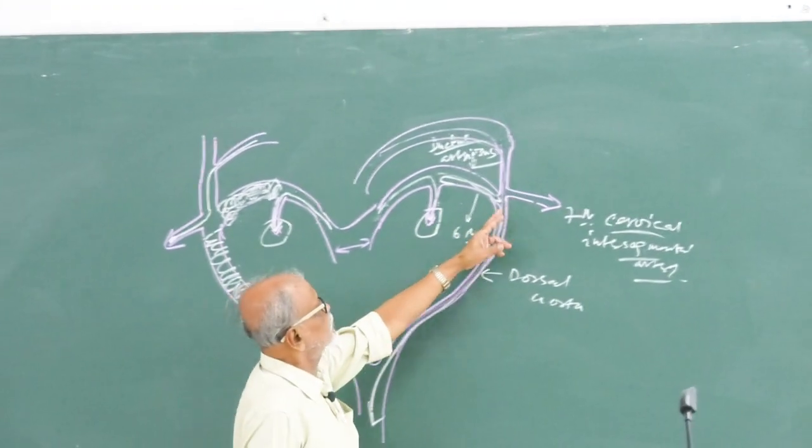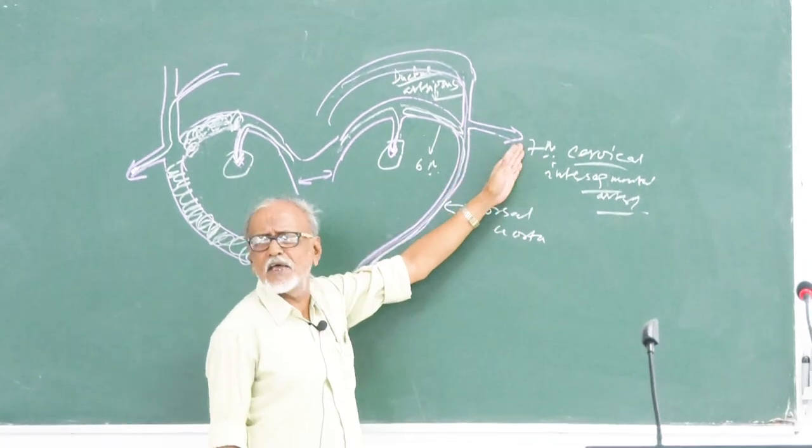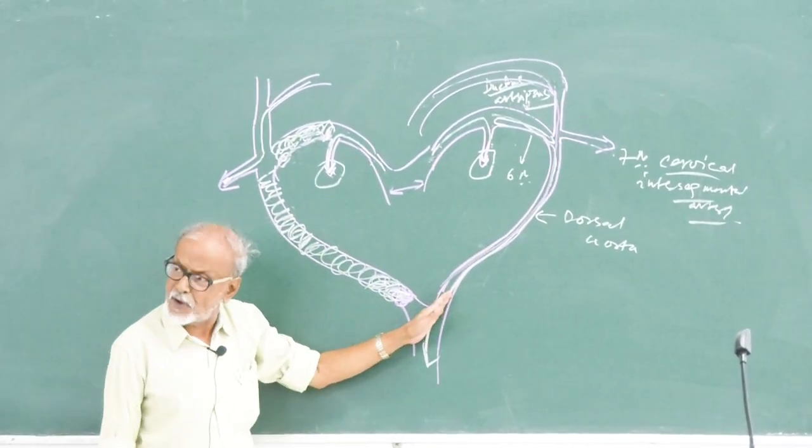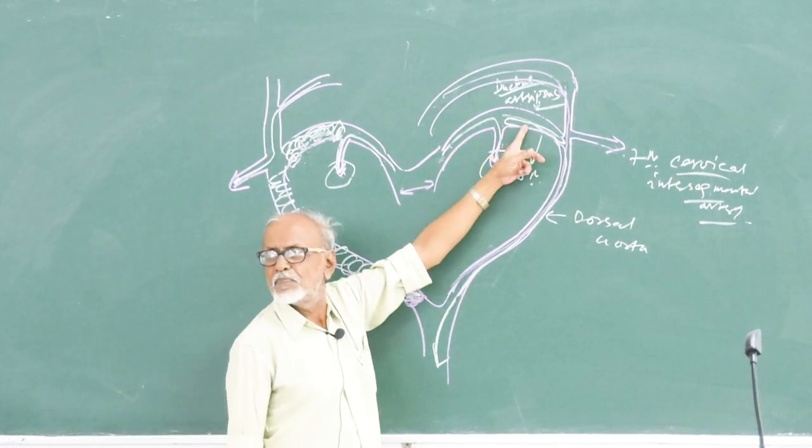Almost all the blood is used up, so the rest of the left dorsal aorta is being fed by these vessels.